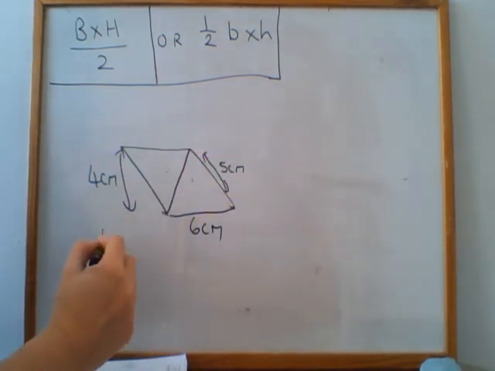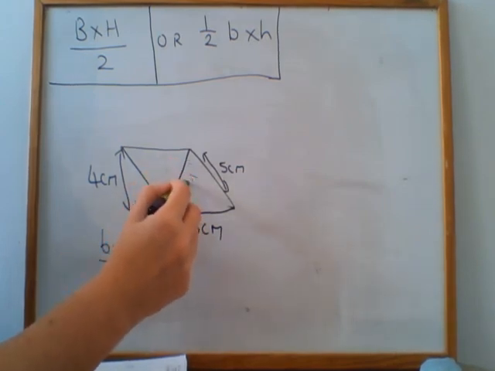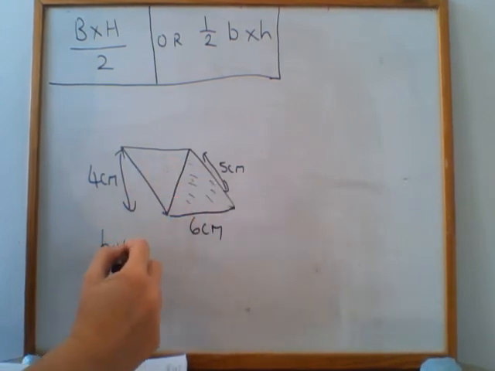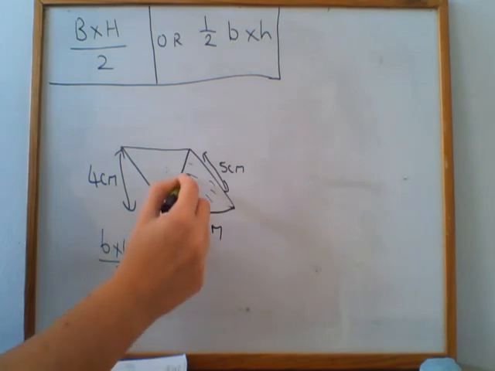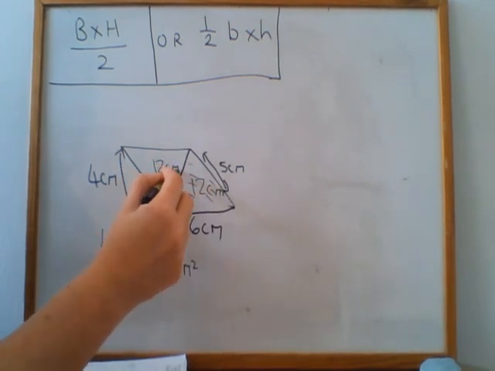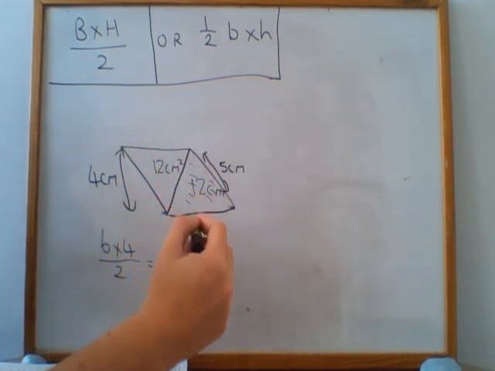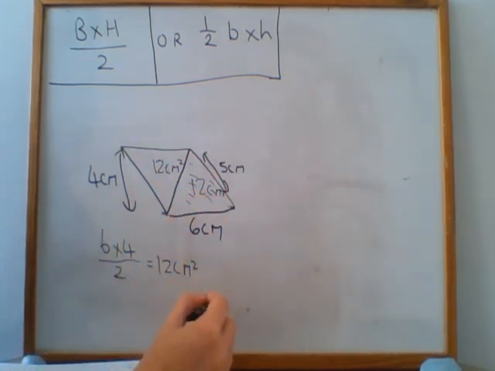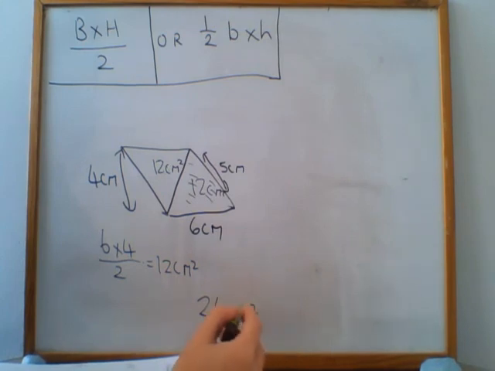6 times 4, base times height, divided by 2 will get us this triangle here. 6 times 4 divided by 2, 24 divided by 2, this would be 12 centimetres squared. So this is 12 centimetres squared, which means this, exactly the same, would be 12 centimetres squared. So the whole shape together would be 24 centimetres squared. Each triangle working out at 12 centimetres squared each.